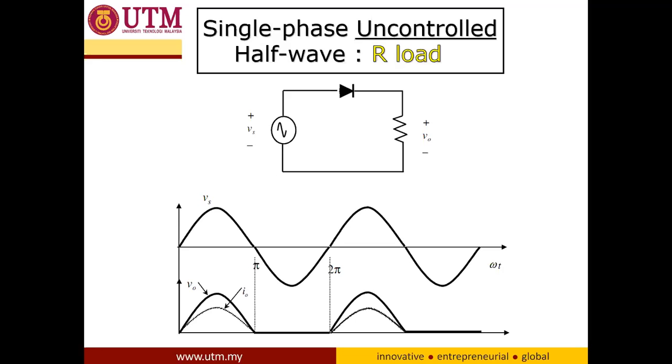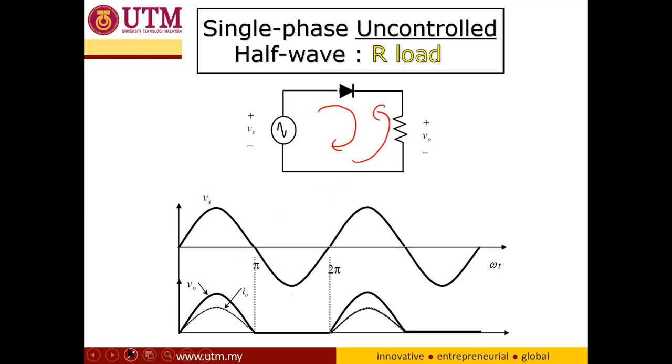So as you can see here, the voltage source is an AC voltage source, oscillating at around 2π here. For the positive cycle, the current is flowing in this direction, and for the negative cycle, the current is flowing in this direction.